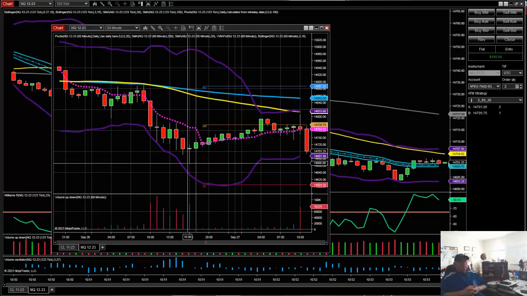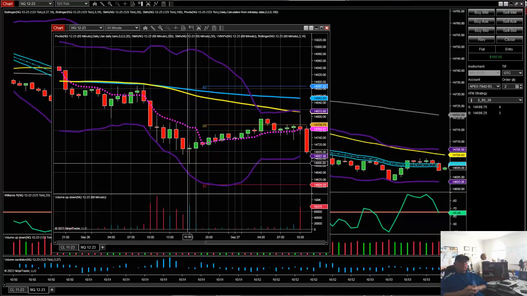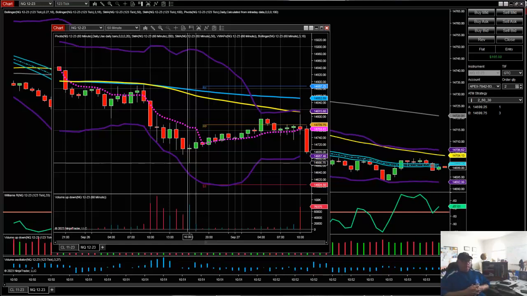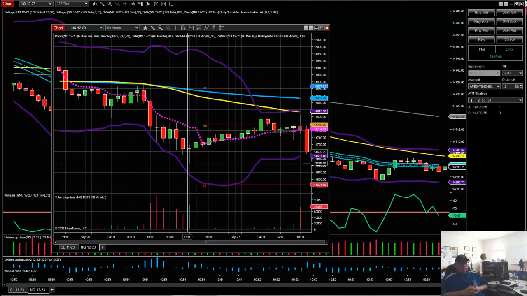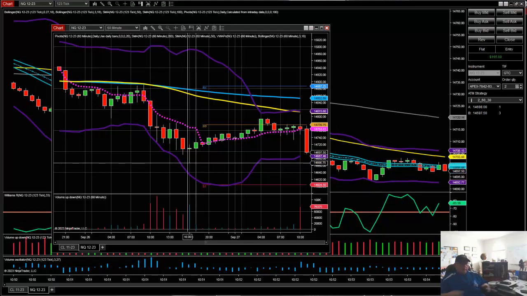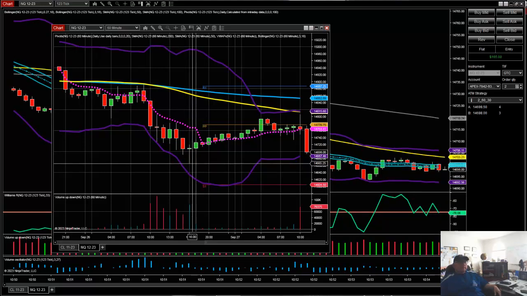Getting through the 700s now. Afraid if I jump in, it'll just run right up against me, run my stop. NQ has a lot of violent moves.